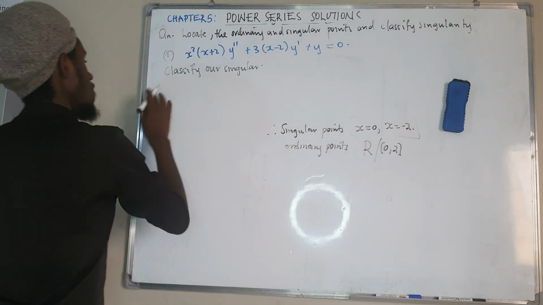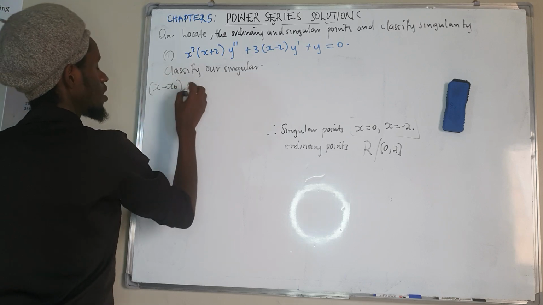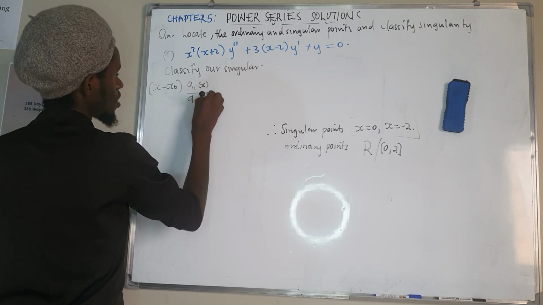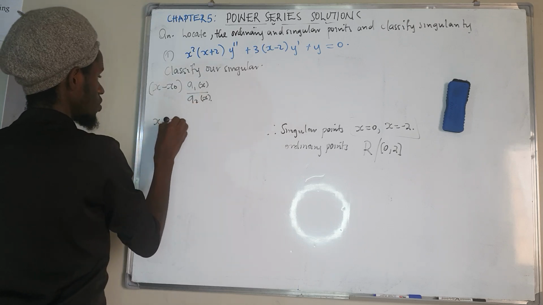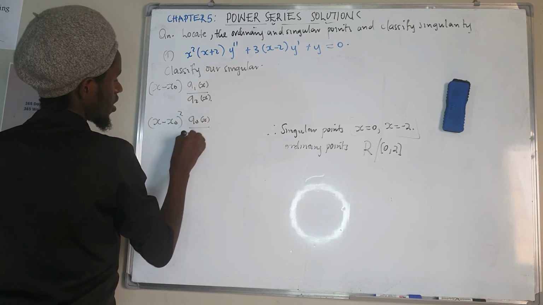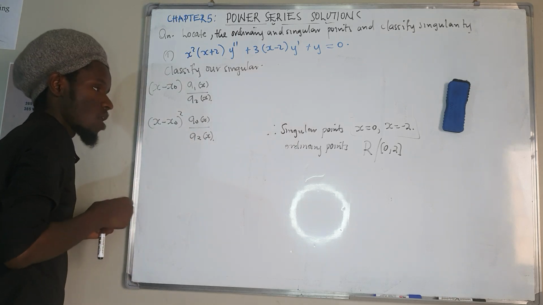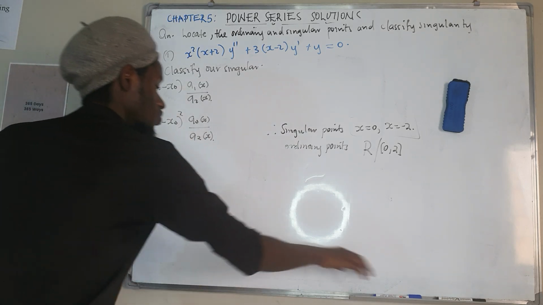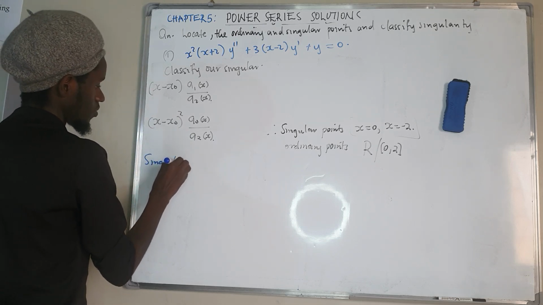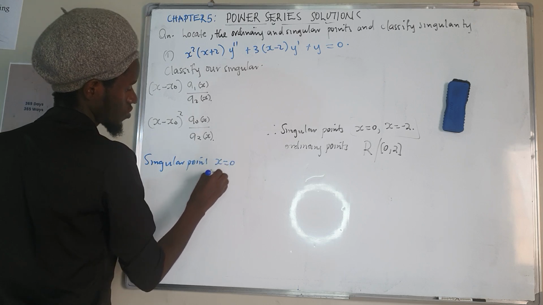Now, our functions have to be x minus x naught times a1 of x out of a2 of x, and then x minus x naught squared times a0 of x out of a2 of x. We have two singular points, x equals to 0 and x equals to negative 2.